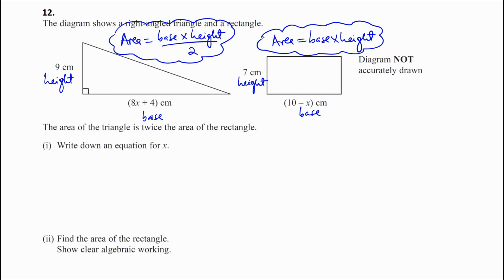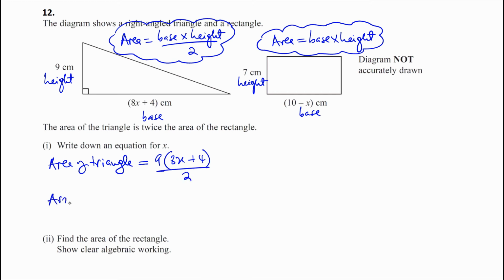So the first part, where we're given that the area of the triangle is twice the area of the rectangle. Let's first of all write down an expression for the area of the triangle. Area of the triangle is given by, well, it has a base of 8x plus 4 and height of 9. So that will be 9 into 8x plus 4 divided by 2.